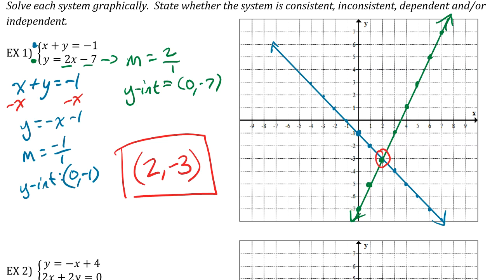All right. Now, to state whether the system is consistent, inconsistent, dependent, and or independent, remember, this is one single solution, so it is consistent and independent.